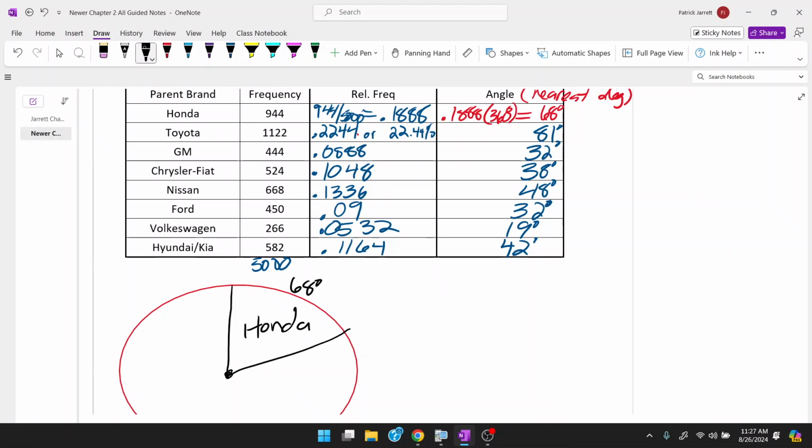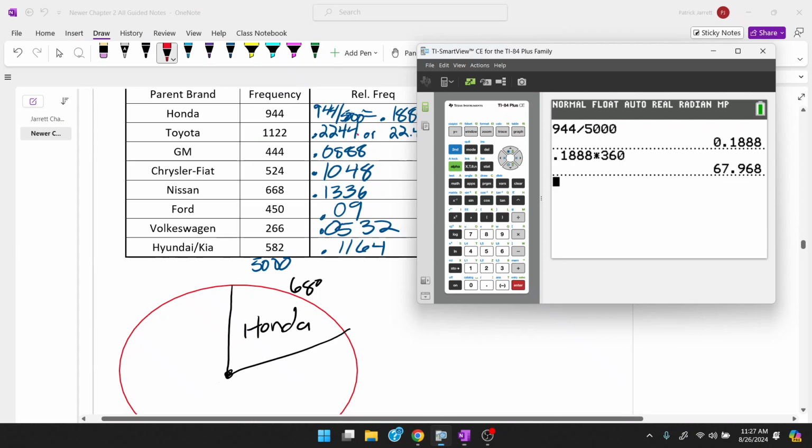So there's that. Now, 81 degrees. Here's the thing: you can't start from the same place, but what is 68 plus 81? In a way, we're going to do cumulative angle. 68 and 81, I believe, is 149. Let me double check that.